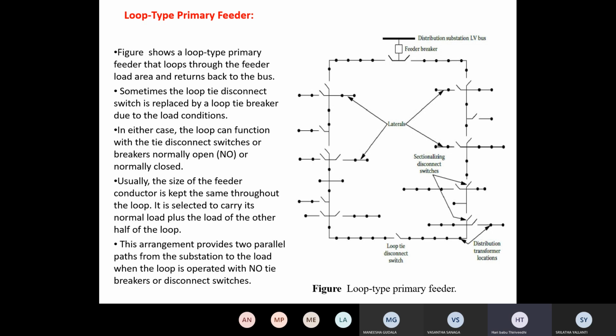So we have to provide extra tie breakers for the separate feeders like this. In addition to the main feeder loops, normally open laterals are also used. This is the loop type primary feeder.